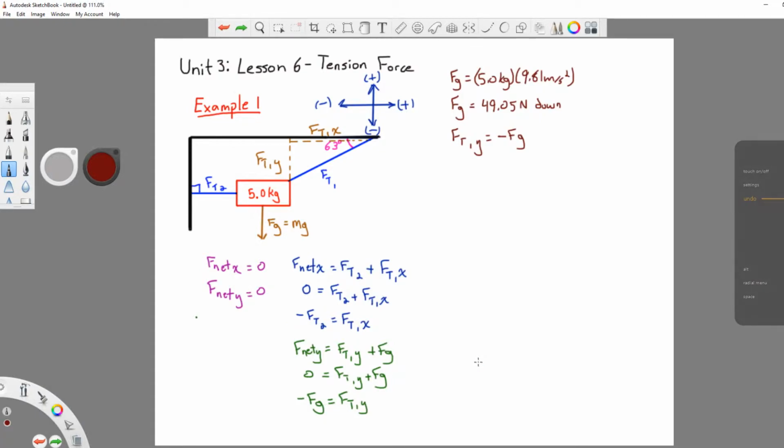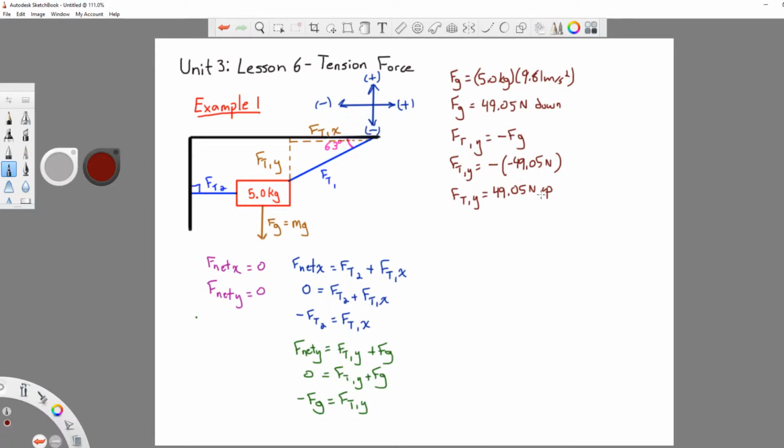But I think most of you are getting to a point where your algebra is strong enough that you see what's happening here. Because now we have Ft1y is equal to negative, right? The negative in the formula times the negative 49.05 newtons. So Ft1y is equal to 49.05 newtons. Okay, good start. I am going to have to conserve my space a lot better though.